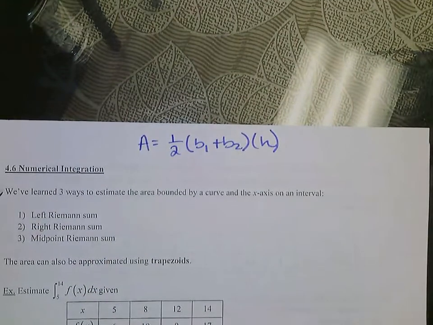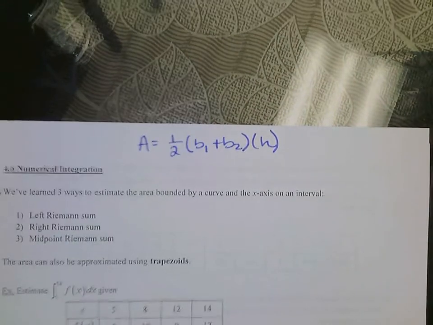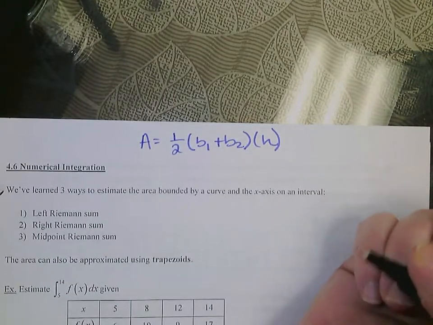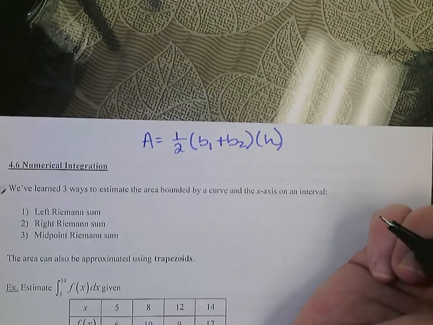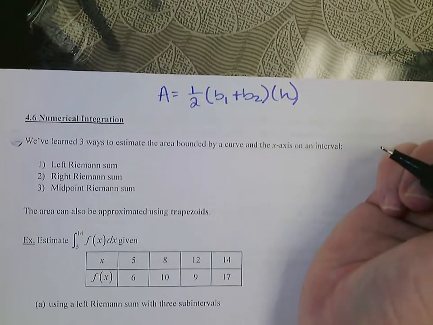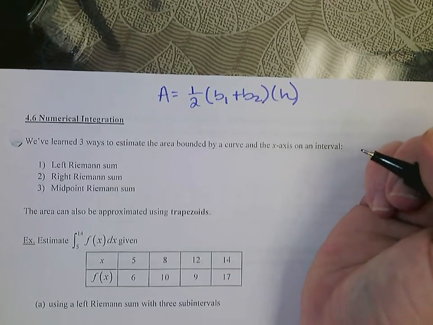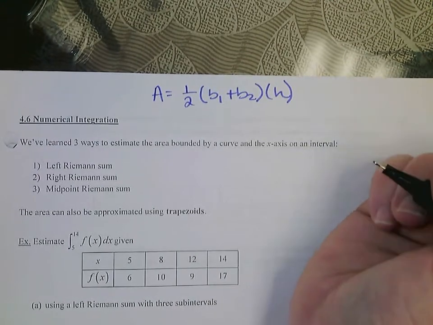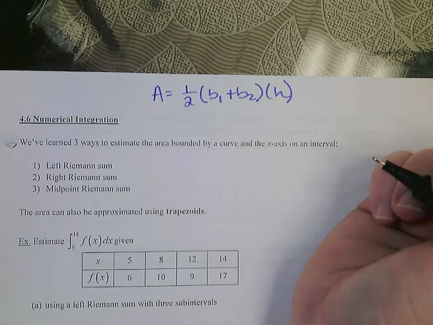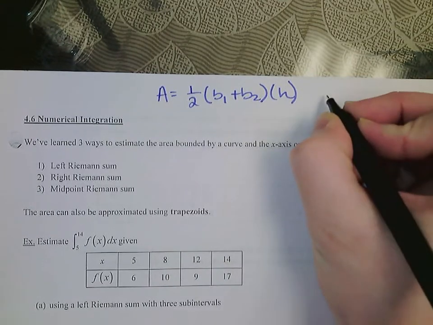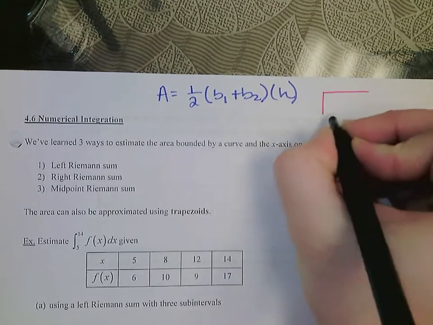Do you guys know how to identify what the bases and the height are in a trapezoid? Bases are the sides that are parallel because a trapezoid has two parallel sides, and the height is the distance between the bases. That's a good way of thinking about it, or just the length of the segment perpendicular to the bases, right? So our trapezoids are actually going to be right trapezoids.